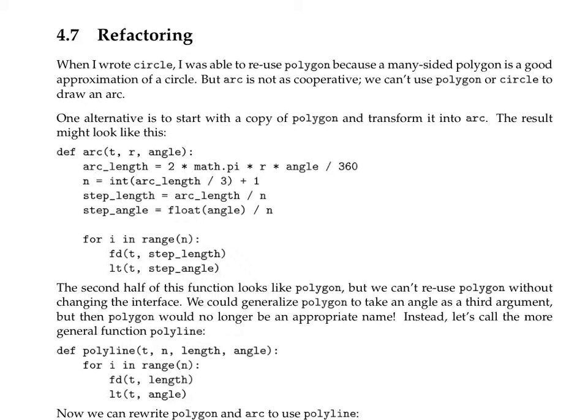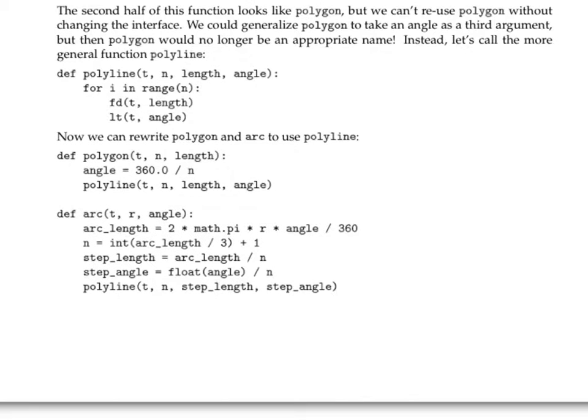Similar kind of thing in computing. You extract certain parts of the functionality into their own function, and then you can call them individually. His final version of the program here, we have the polyline function. That's used inside the polygon function, and it's also used inside the arc function.